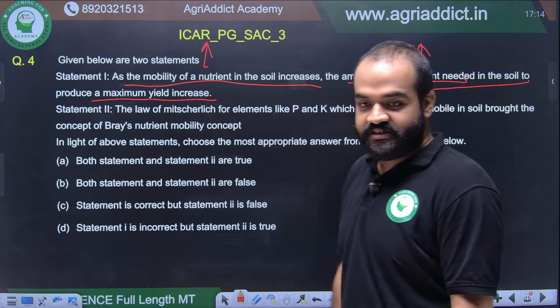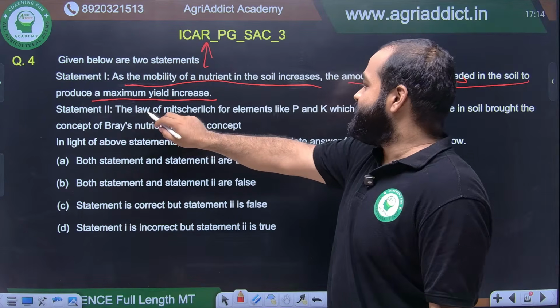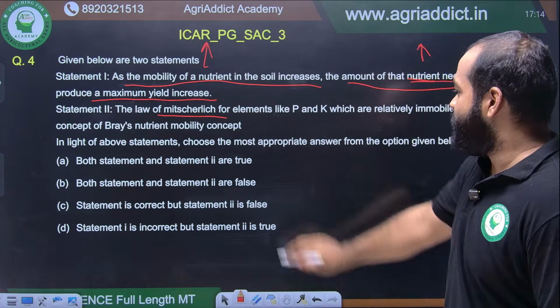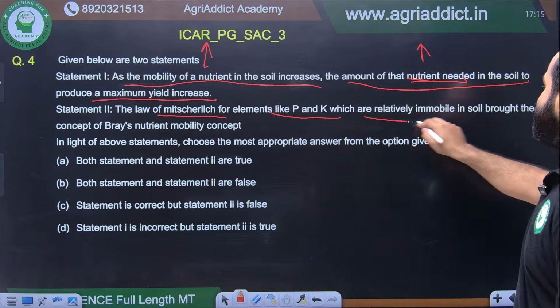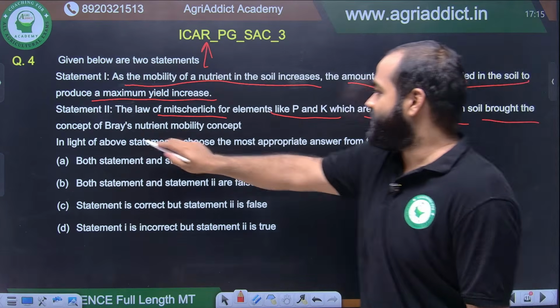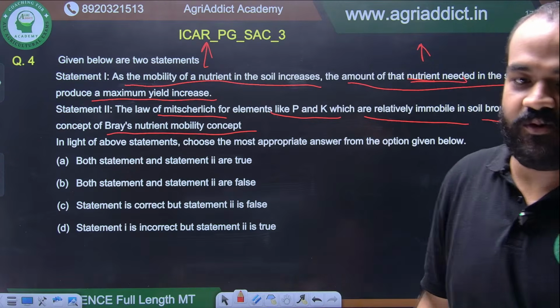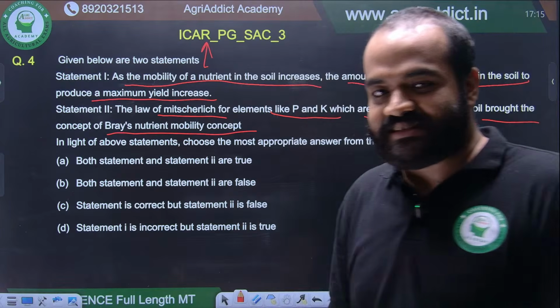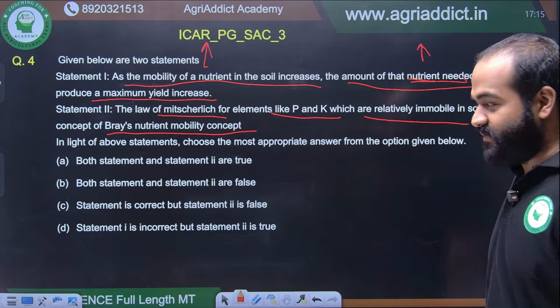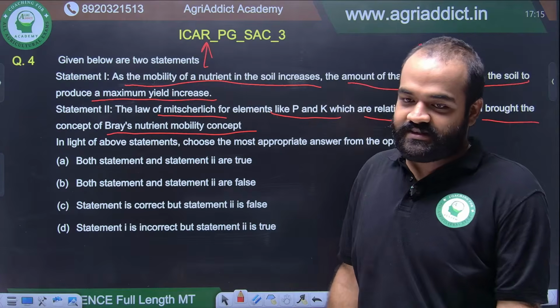Okay, that's an interesting statement. Statement 2: the law of Mitscherlich for elements like P and K, which are relatively immobile in soil, brought the concept of Bray's nutrient mobility. That's a very beautiful question, I must say. It will test your concept. Otherwise, if you don't know the concept, I don't think you can answer this.